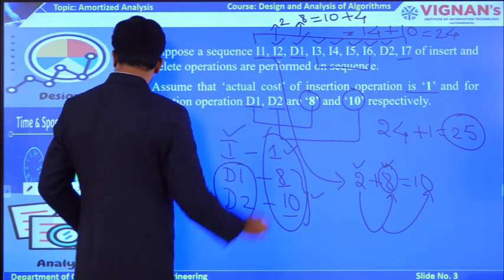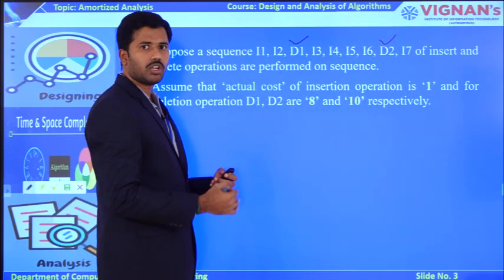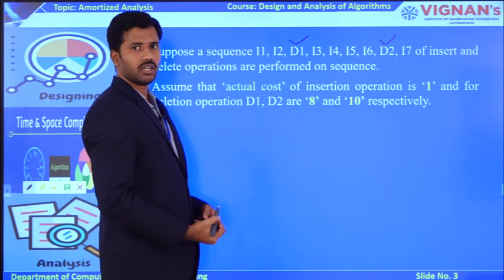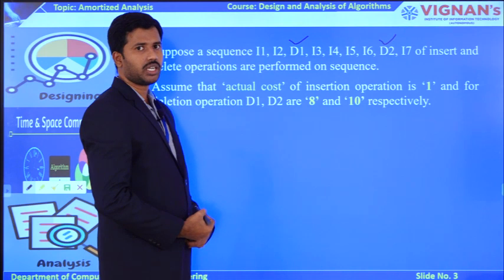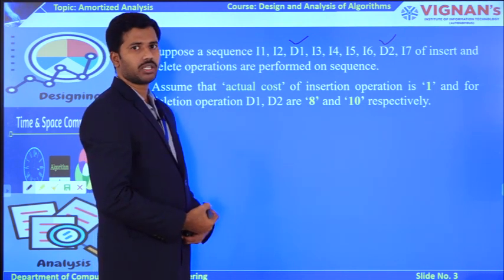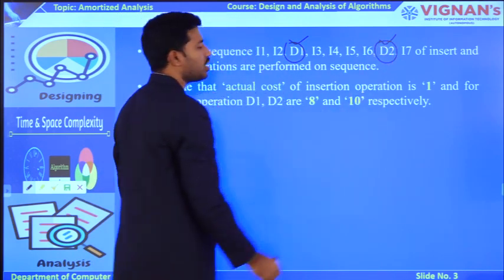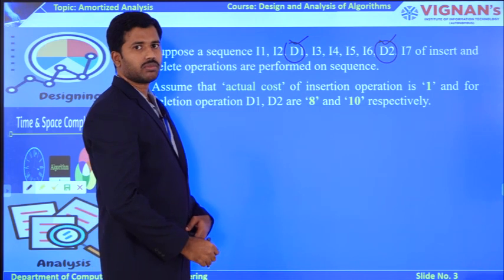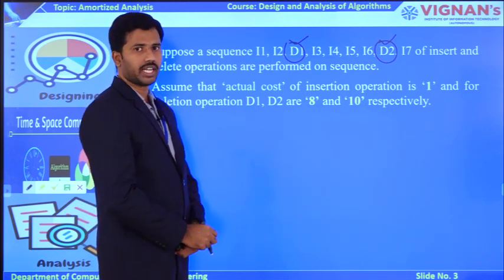Due to this D1 and D2, the entire time complexity of your algorithm is affected. Why? Because the insertion operation is working with best time complexity, but the deletion operation is working with worst time complexity. So because of some instructions available in the algorithm, the entire performance of your algorithm is affected.